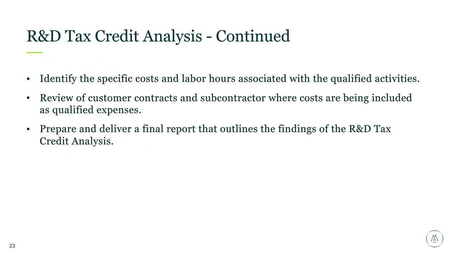We would also, again, identify those costs, whether it's the labor costs, so we need to know the employees that were involved in order to track the time they spent in an R&D role. We would review the contracts, because outside of just the R&D credit activity requirements, there's also a funded research requirement.